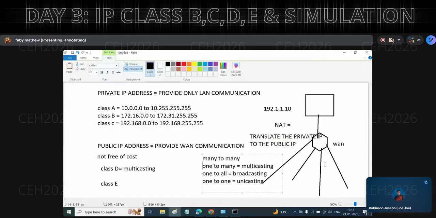I told you yesterday there is a range of multicasting, class D, which is 224 to 239. This is the range, but we cannot configure this range of IP addresses in our machine.